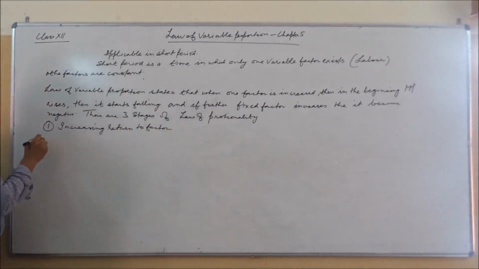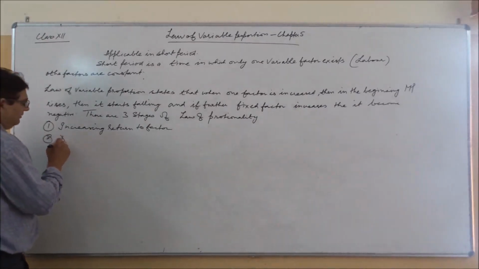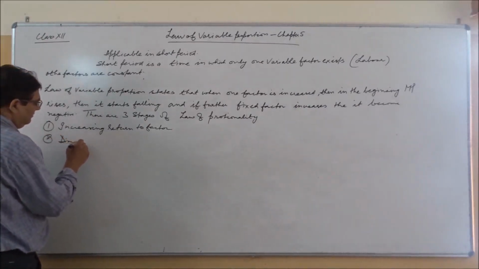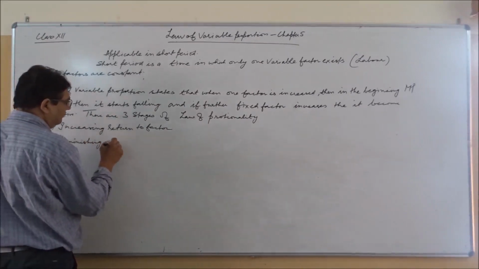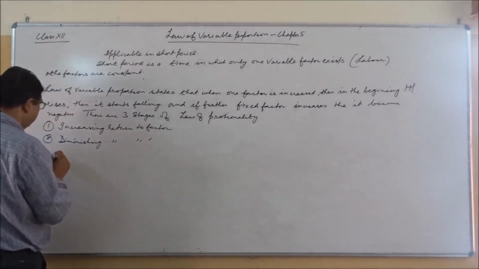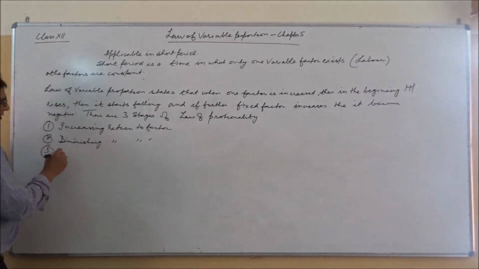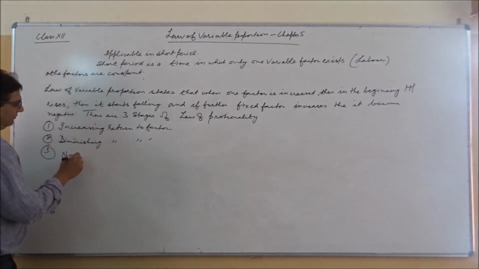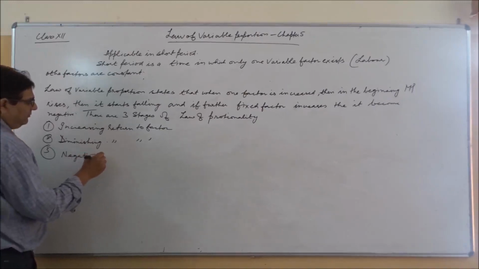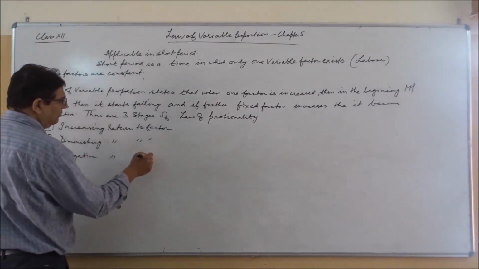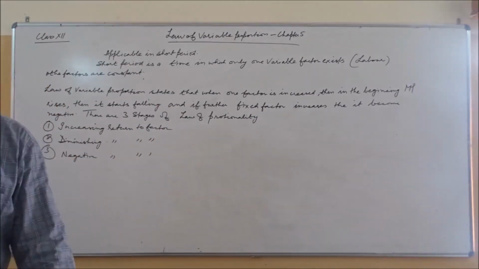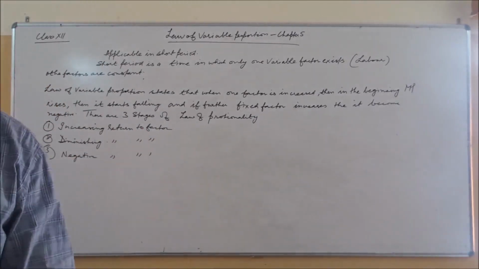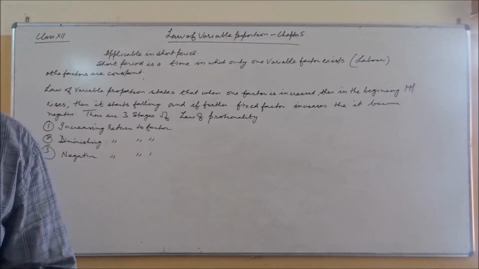Then the second stage states diminishing return. Lastly, negative return to factor. So these are the three stages. We will discuss these three stages as well.